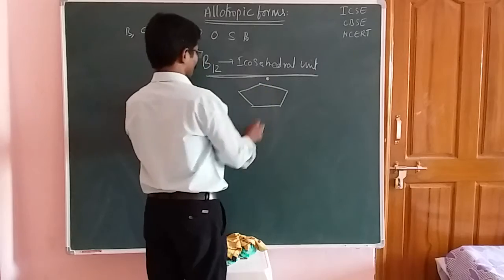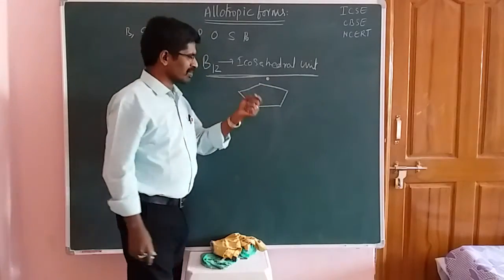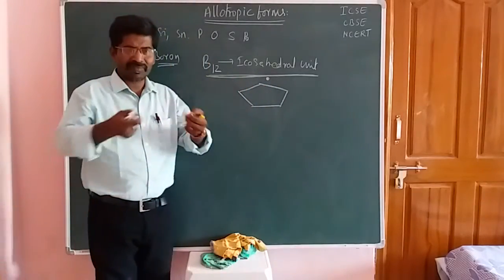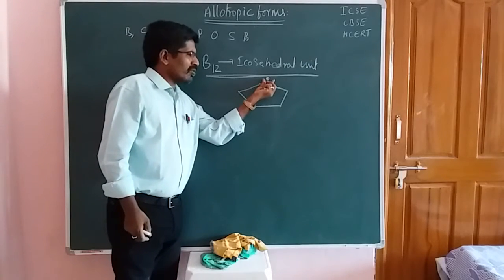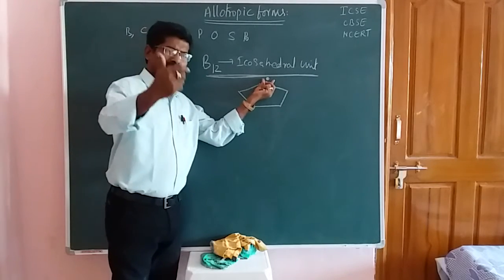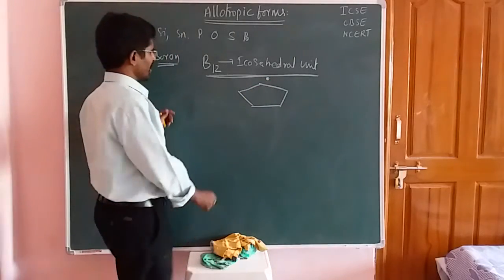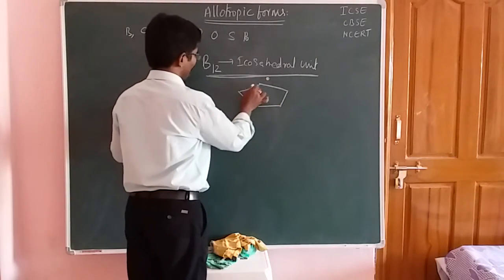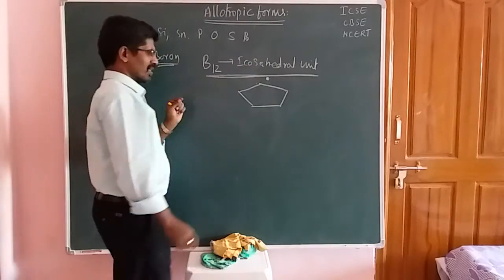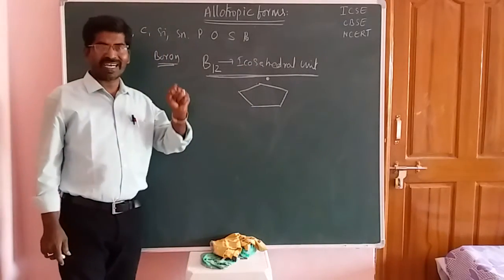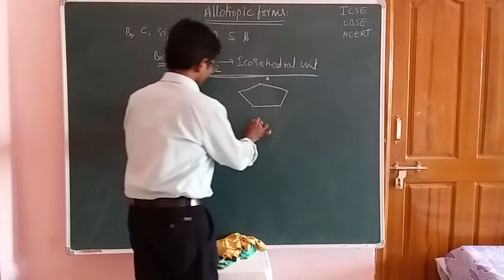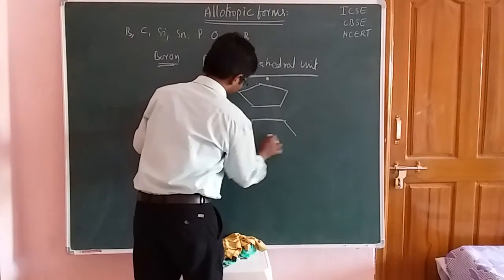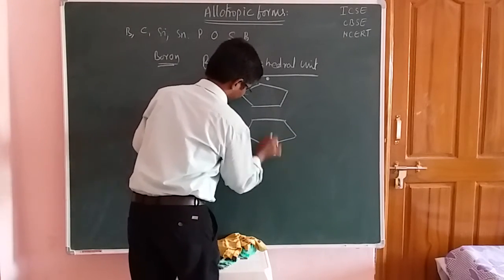The five boron atoms are at an equal distance from the next given boron atom. Okay students. Five boron atoms are connecting at equal distance with that given boron atom, and here also the same five boron atoms are connecting with another boron atom.